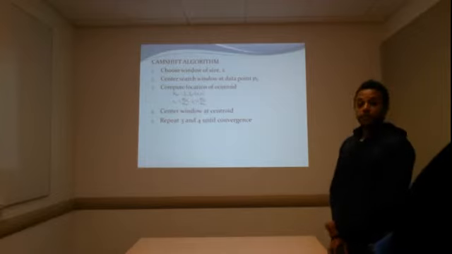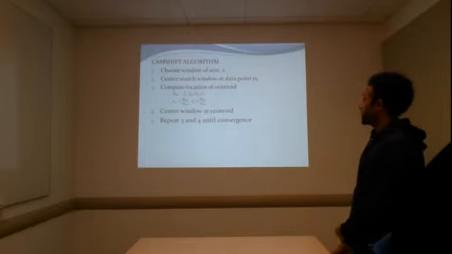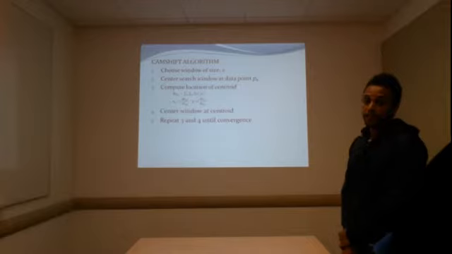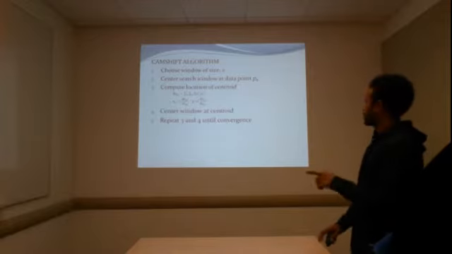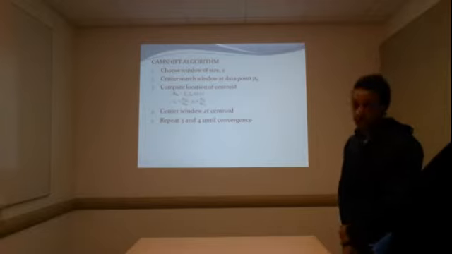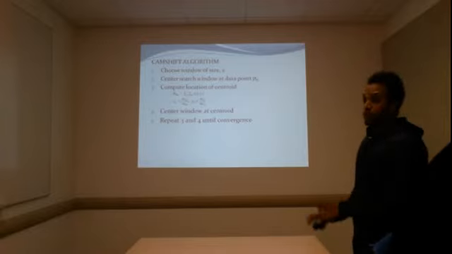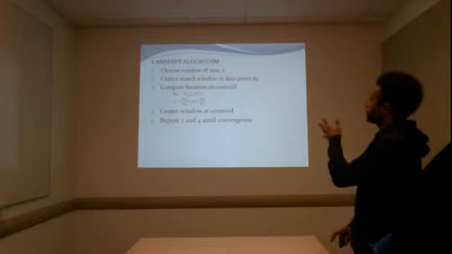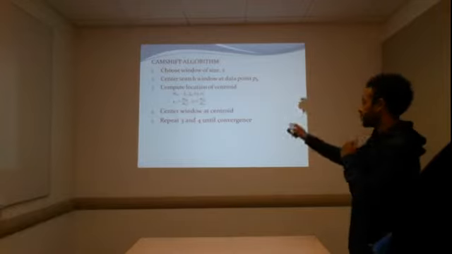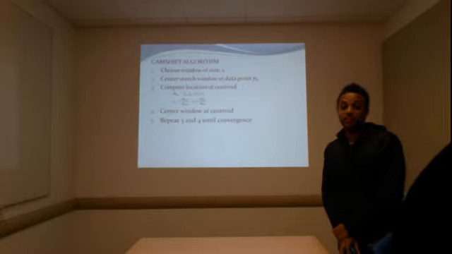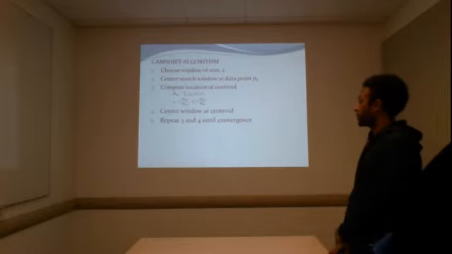The algorithm. The first thing about the CamShift algorithm is that we will choose a window size, let's say S. Then we would center that search window at a data point, let's say PK. Then at this point we have our window. We will compute the centroid of that window using this formula. This formula is known as the zeroth moment formula.